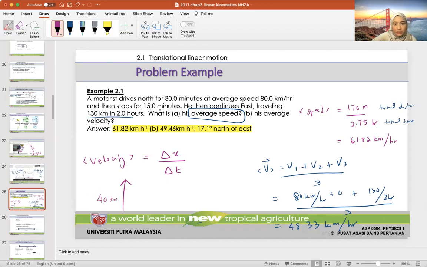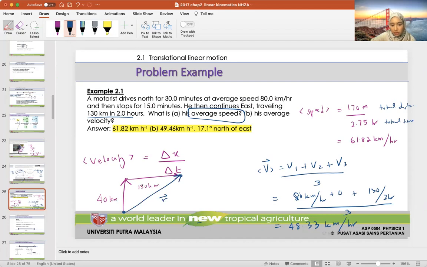And then he stopped for 15 minutes and then he continued east, travelling 130 km here. So what is his displacement in this case? It's from initial to final, right?